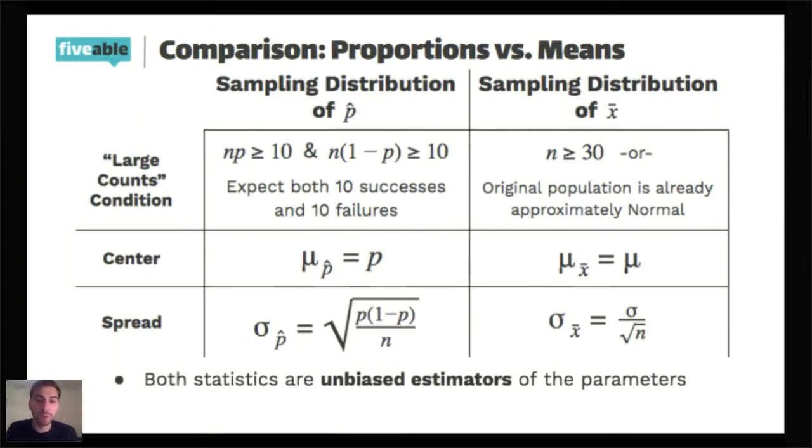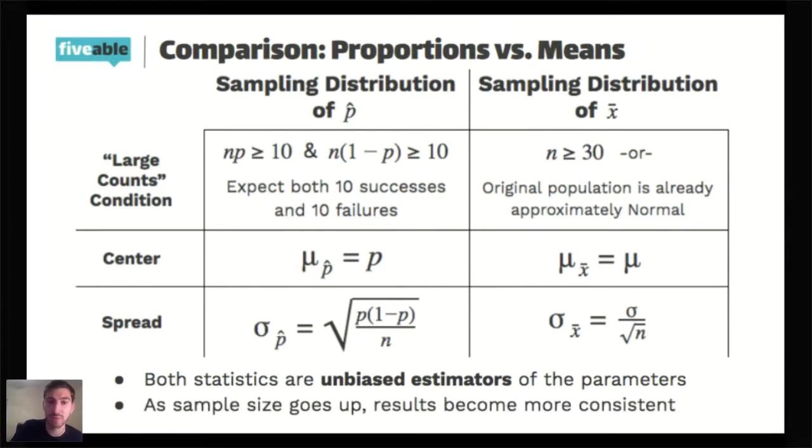When I pull p-hats or x-bars from the population and average a bunch of them together, I should end up averaging out to the original population parameter, which is the basis for everything you do with confidence intervals and hypothesis tests. It all assumes that the sample you're getting provides an unbiased estimate for the population you're looking at.